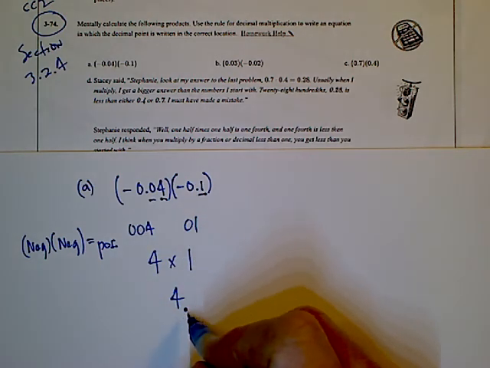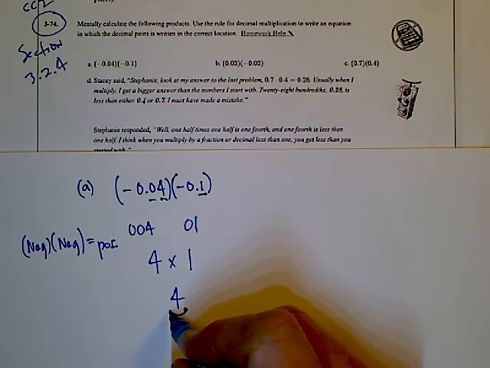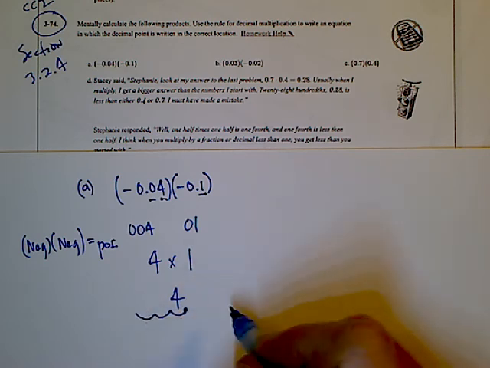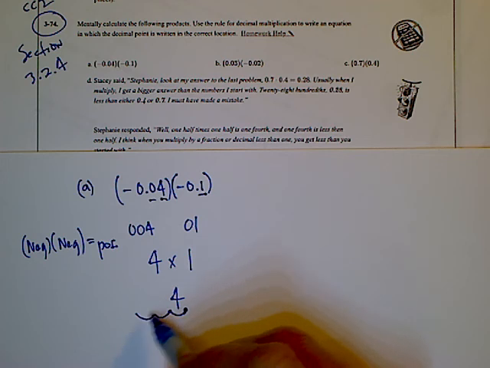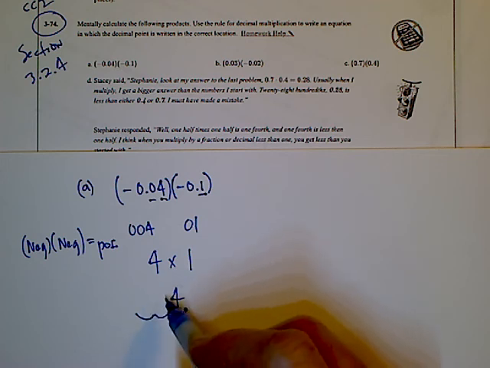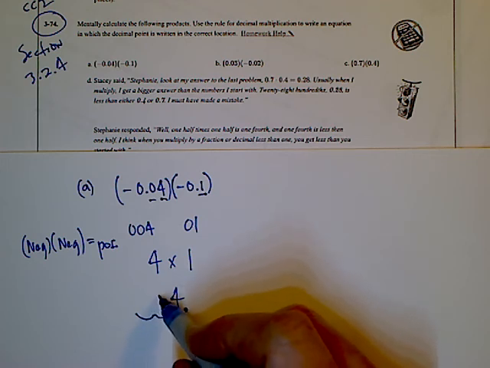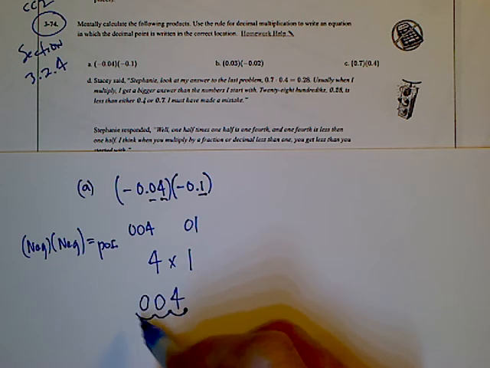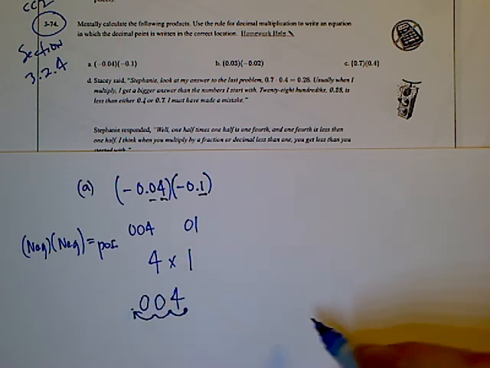I start the decimal place at the end of my integer, and then I move it 1, 2, 3, right? Even though there's nothing there, that nothing becomes zeros. We move it and put in values of 0, and this is where the decimal ends up.